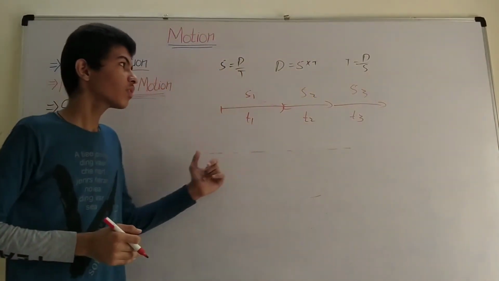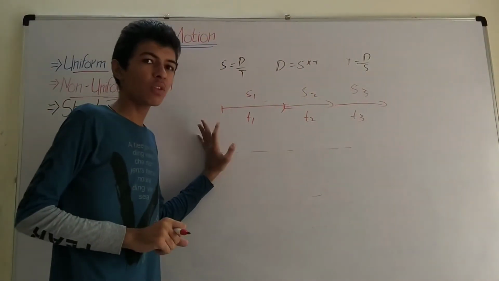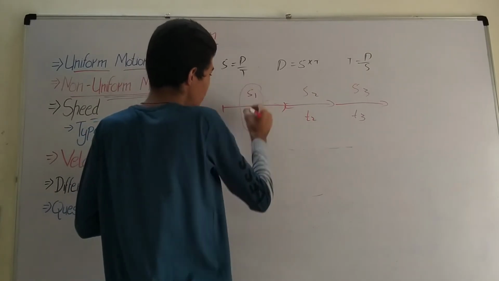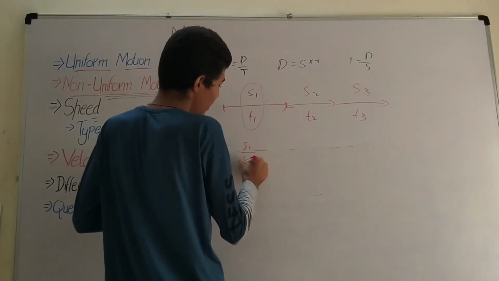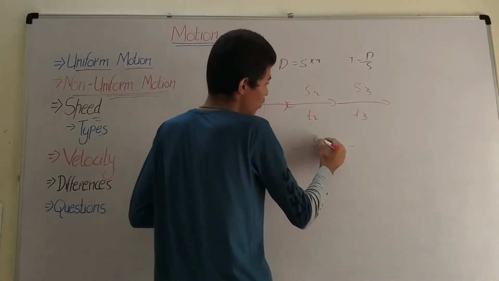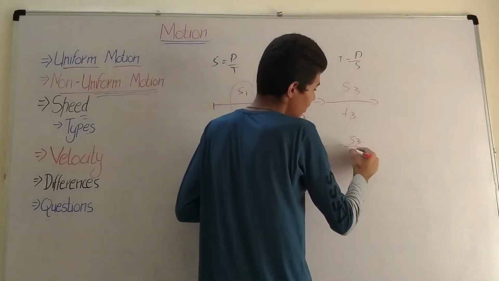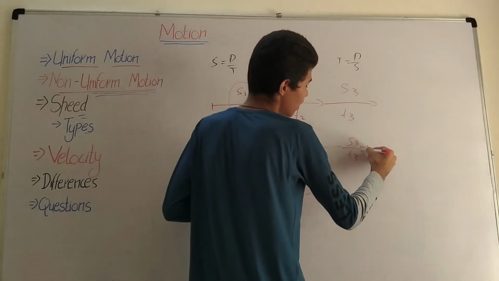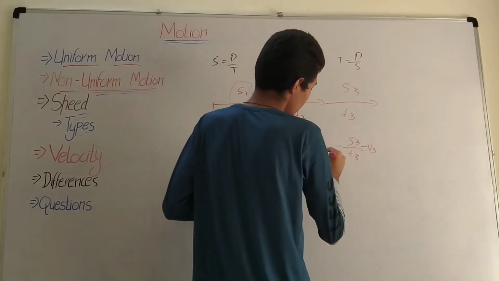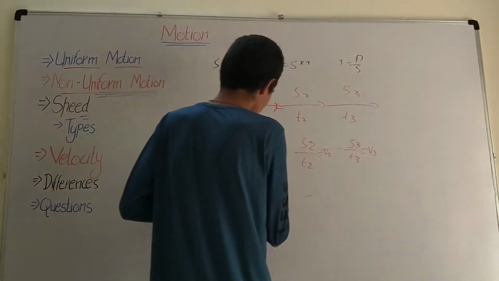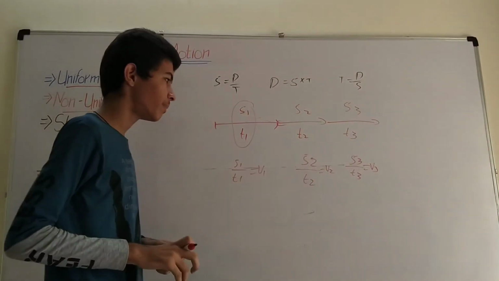So what is the average speed? We know that the speed of the first would be s1 by t1, of the second s2 by t2, and of the third s3 by t3, that is speed 1, speed 2 and speed 3.